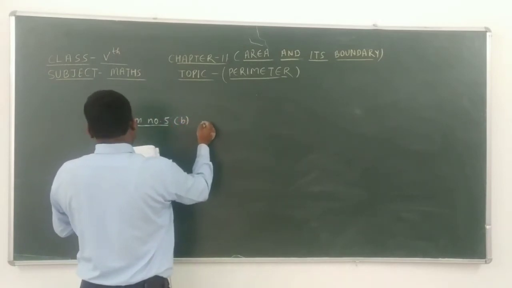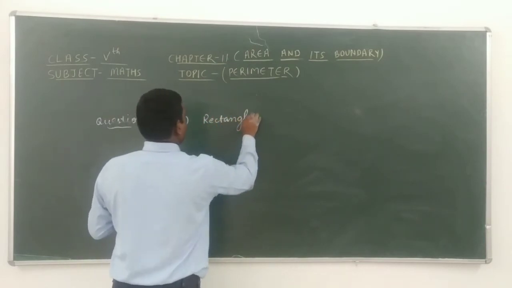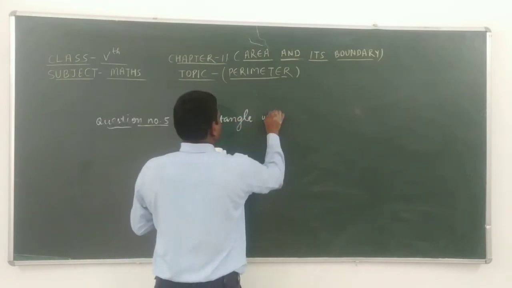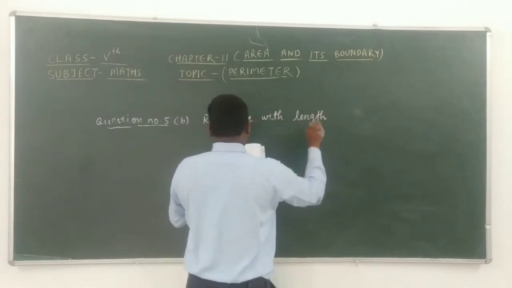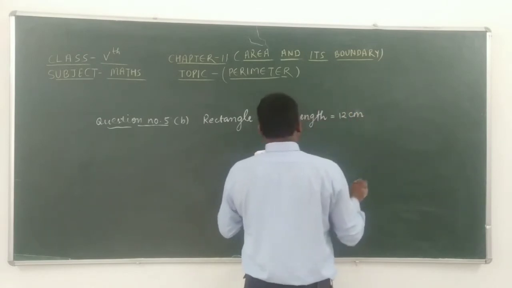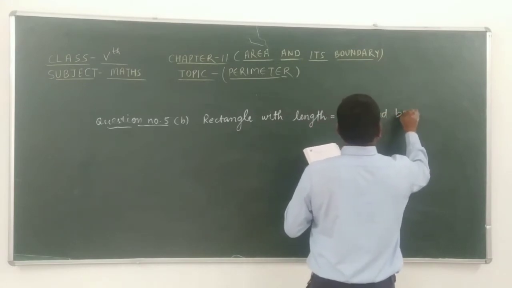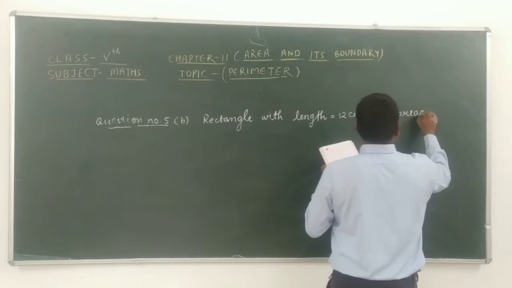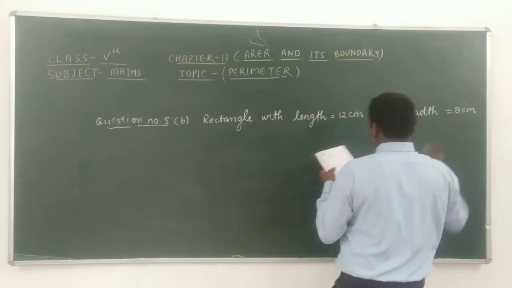Question number 5 of B is: a rectangle with length equal to 12 centimeter and breadth equal to 8 centimeter.